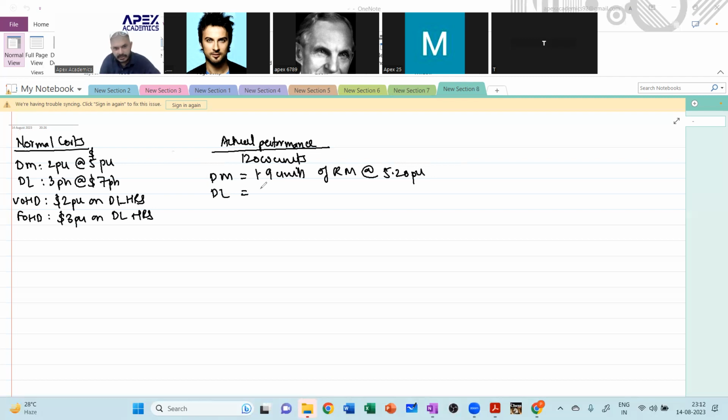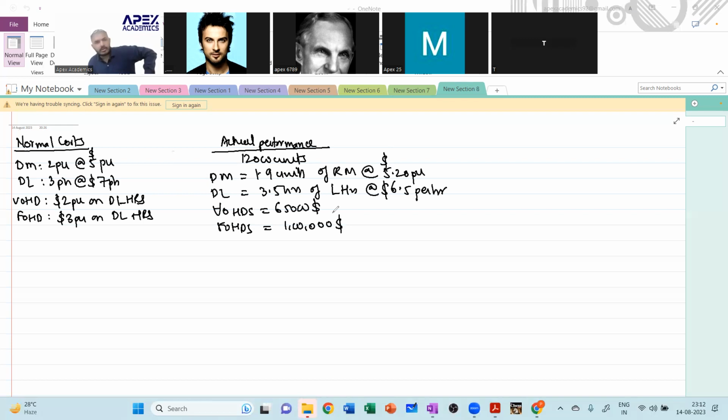Direct labor is 3.5 hours of labor hours at the rate of 6.5 per hour. Variable overheads actually incurred are $65,000. Fixed overheads actually incurred are $100,000, right? That's where we are at. Now, first of all, actual is the actual performance. This is always actual figures.